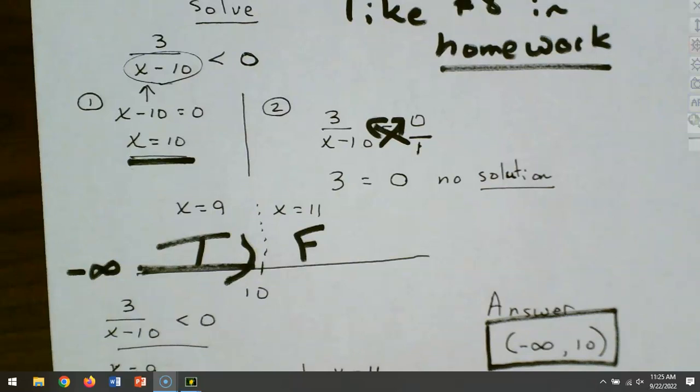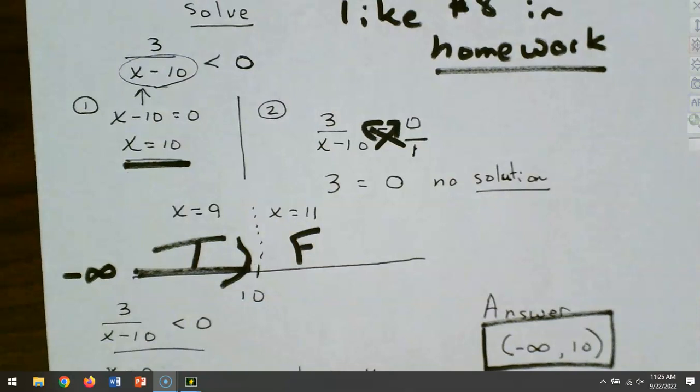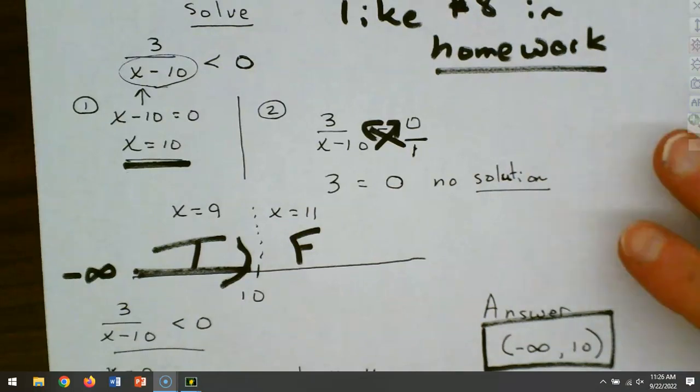Because 10 minus 10, that gives you what? 0 in the denominator, and we cannot have that. So that's where that one came from. Now, what about the other one? There may not be another number because we tried it, said equal, and we cross multiply. And can 0 equal 3? No. So that side has no solution. So the only one that we had to check was 10.